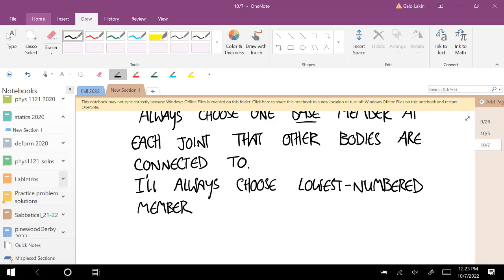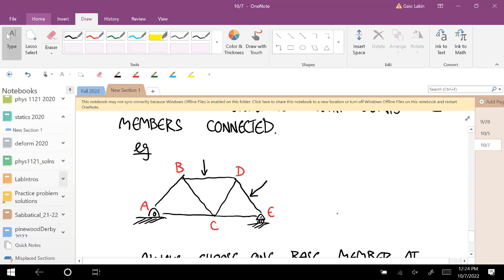The risk that you tend to run into is that you double count a lot of contact forces, and if you double count a contact force, then your answers are all wrong. So lowest numbered member at each joint. Okay, so let me number these.